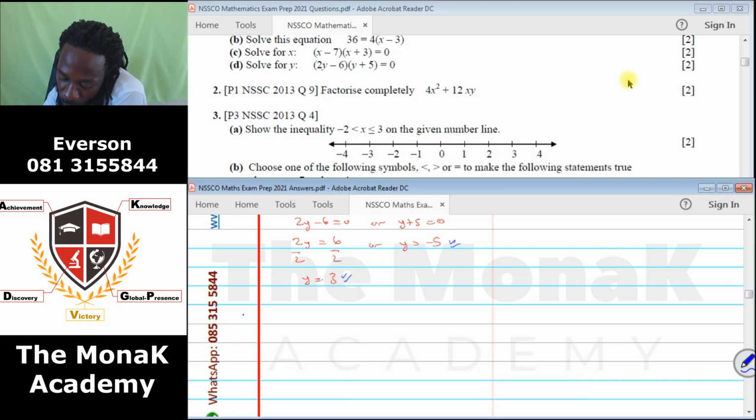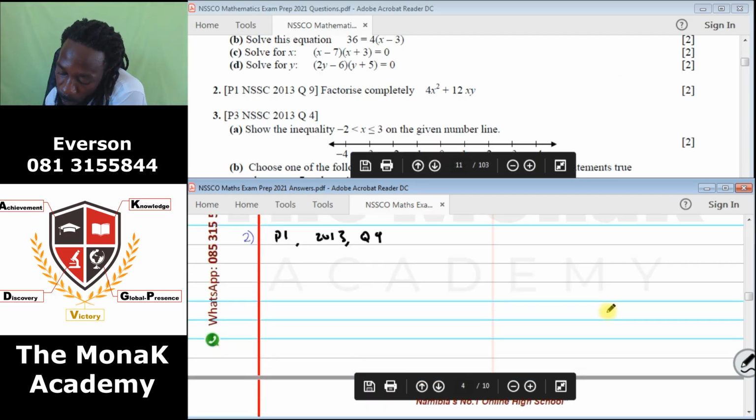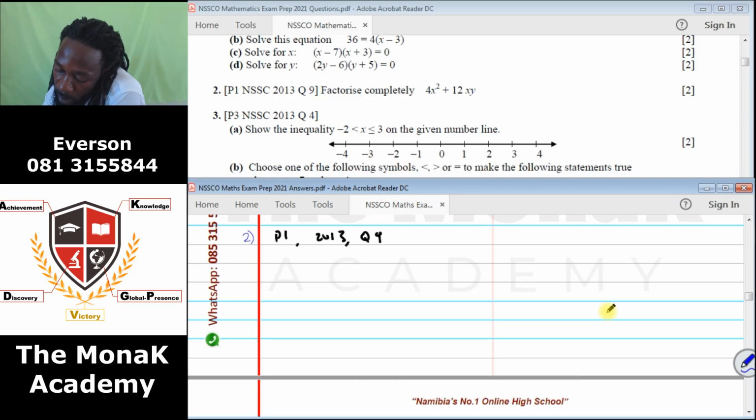We look for number 2. We know number 2 came from paper 1, 2013, question 9. It says factorize completely and you are given 4x squared plus 12xy.